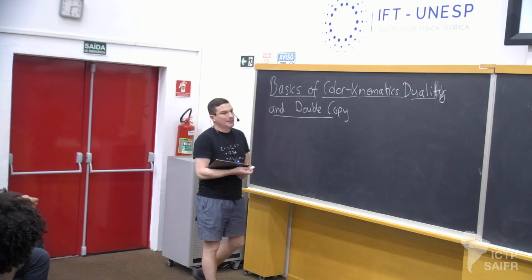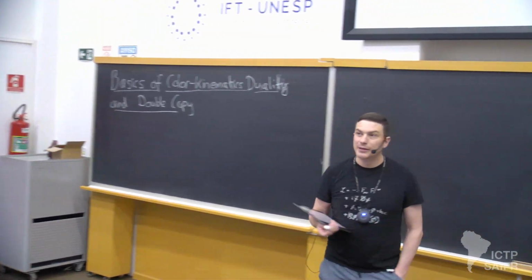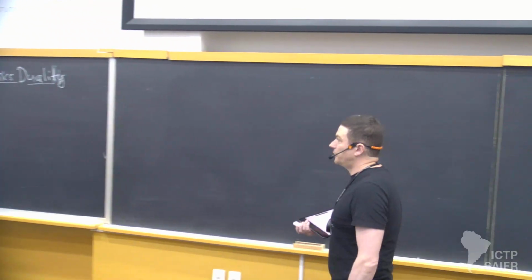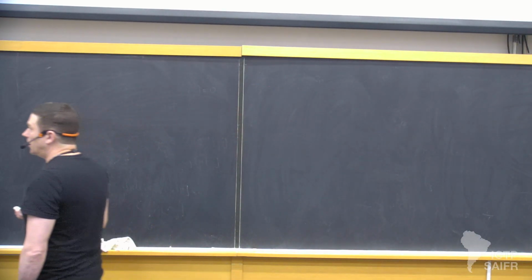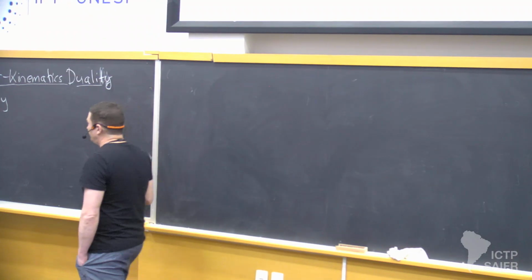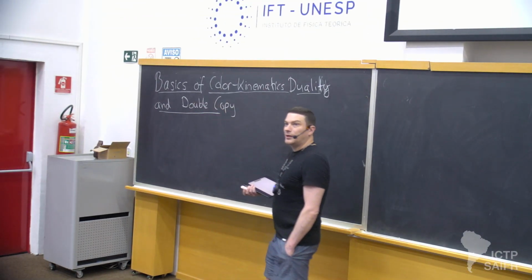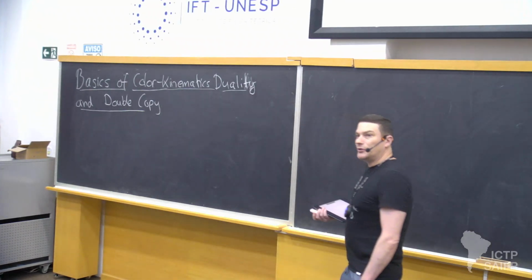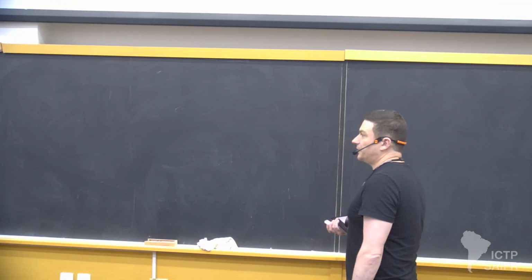So I will talk about essentially 2 closely related topics, which we usually refer to as color kinematics duality and double copy. And we already heard it being mentioned in David's lecture. He talked about how gravity can be thought of as square of Yang-Mills in certain cases. So that's basically double copy.